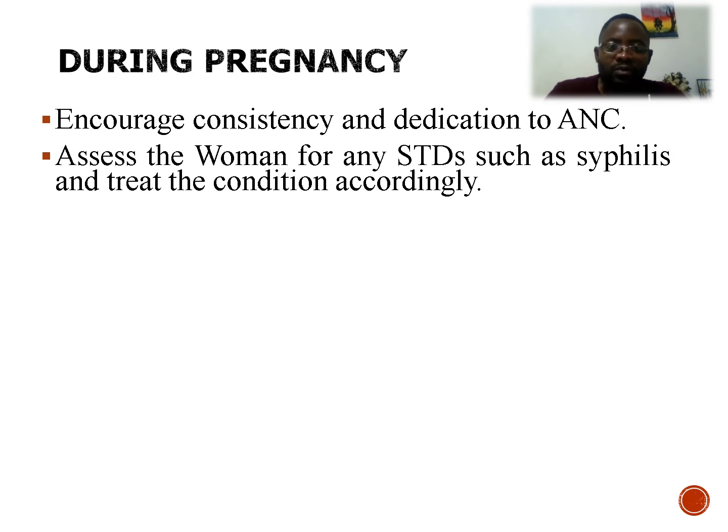Assess the woman for any STDs, such as syphilis, and treat the condition accordingly. So there are other STDs that you need to treat to make sure that the child is not affected, because these conditions have a potential of causing mental retardation in the unborn child.